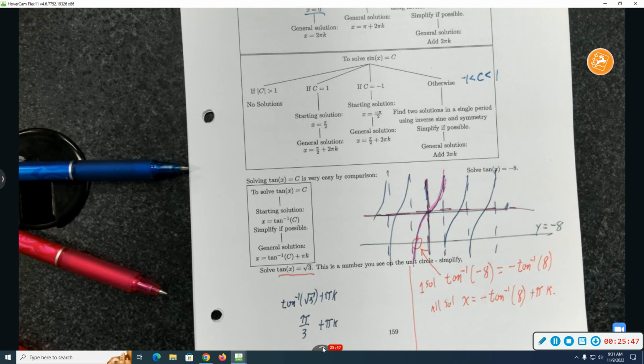Yeah. After you simplify, you just get the square root of 3. So, based on that fact, what's the inverse tangent of the square root of 3?